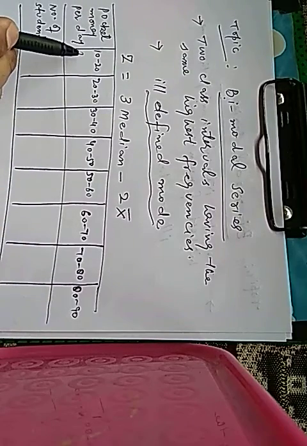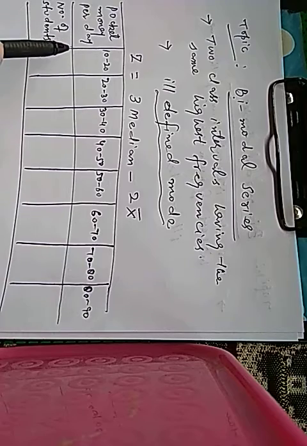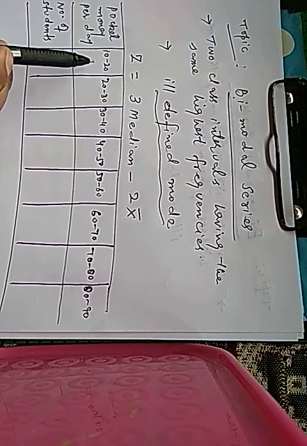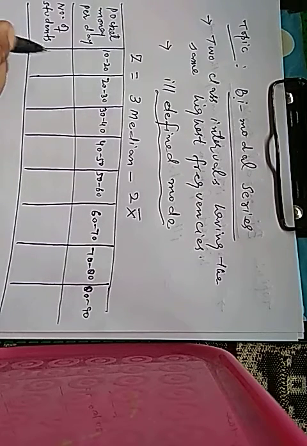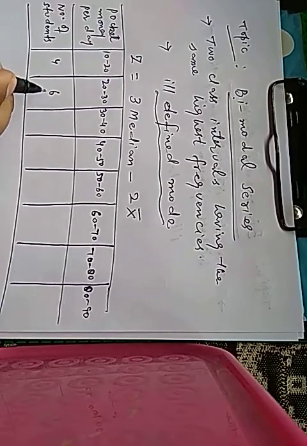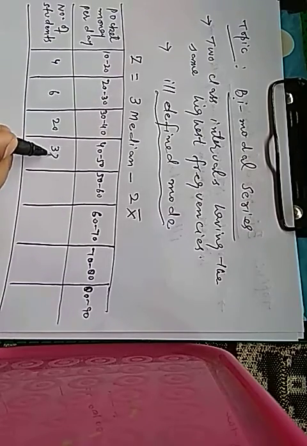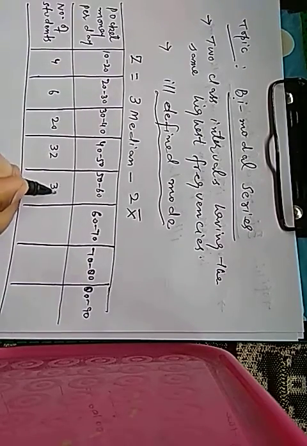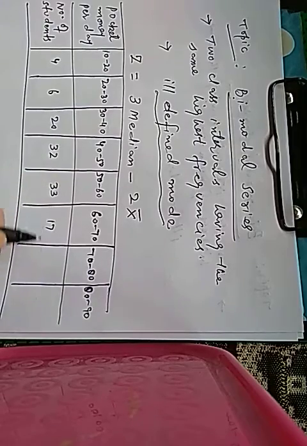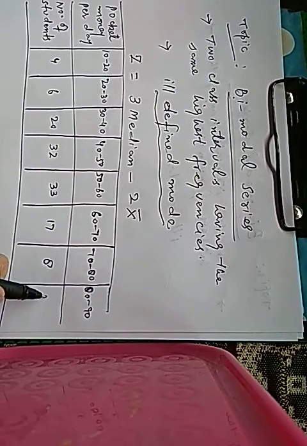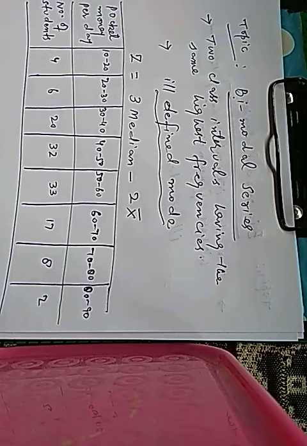These are the different class intervals of the variable, that is pocket money. And the number of students in these different groups are, for example, 4, 6, 20, 32, 33, 17, 8 and 2.